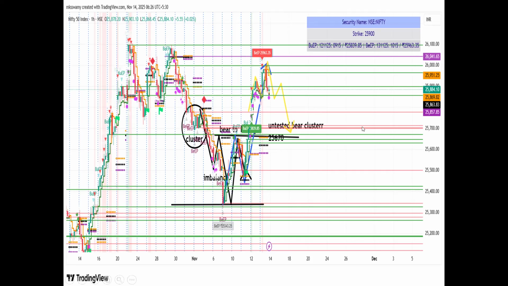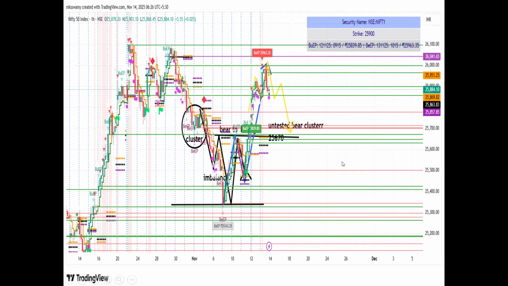Probably testing 25,700, 675 or around this area, the market can come back to this area. And then it may start a reversal. That will be the retracement we can anticipate in the market.